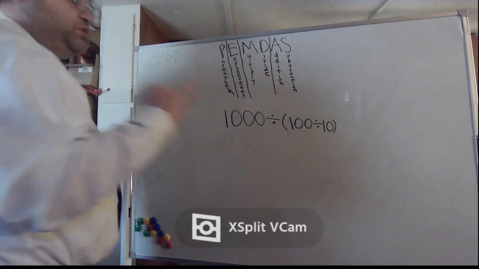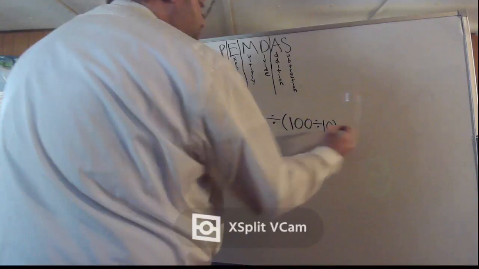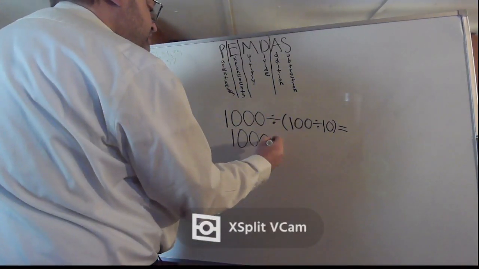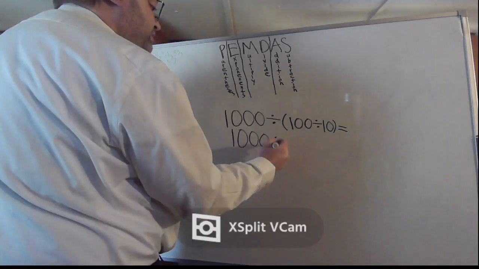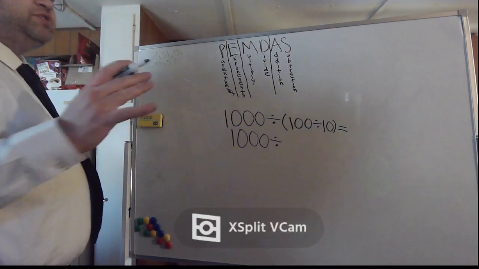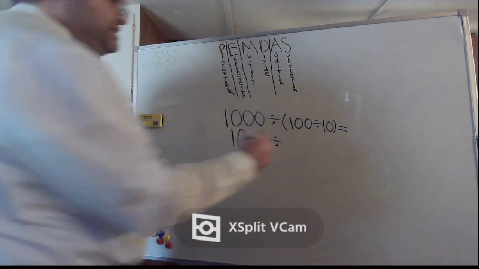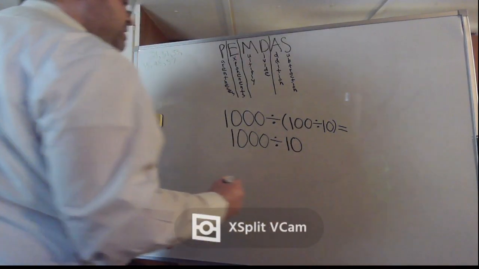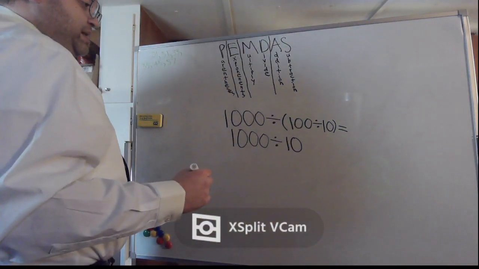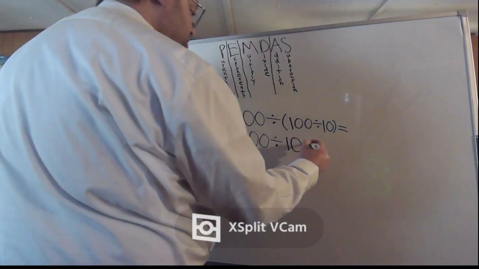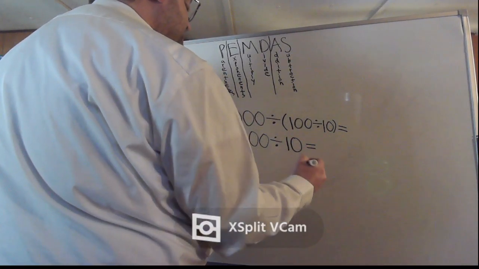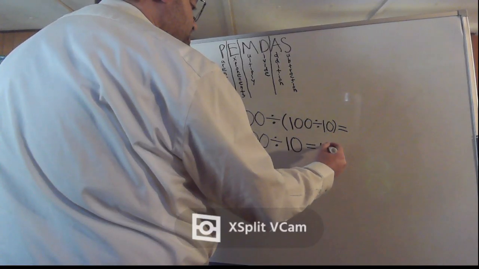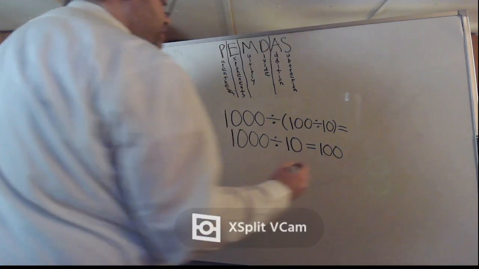We do have parentheses. So you're going to keep the 1,000 outside of that. You're going to solve for what's in parentheses first. What is 100 divided by 10? Well, that's going to be 10. So then what's 1,000 divided by 10? Well, that's going to be 100. And that would be our answer.